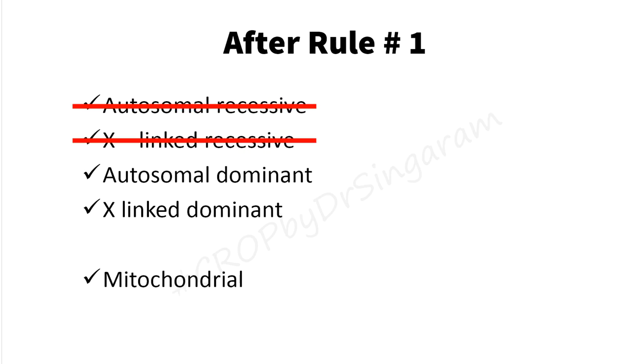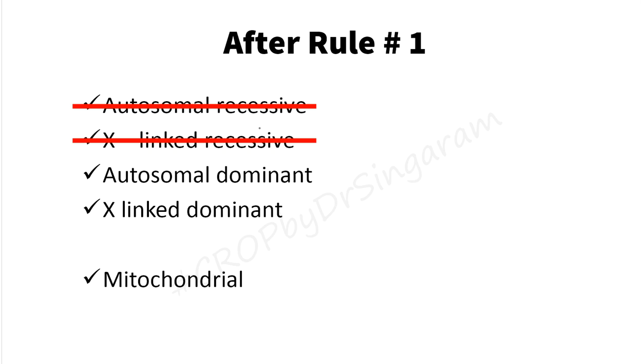After rule number one, okay, if you are not able to come to a conclusion, that means you might have already excluded autosomal recessive pedigree and X-linked recessive pedigree from the equation. What are the next three things which are left behind? Autosomal dominant, X-linked dominant, mitochondrial. Is it clear? If rule number one is applying, automatically you will put it either as autosomal recessive or X-linked recessive.